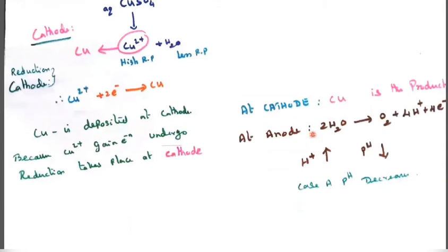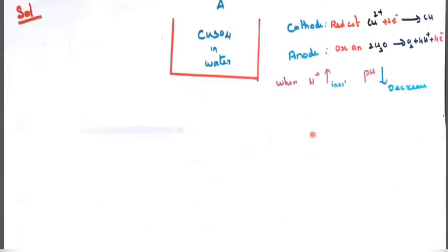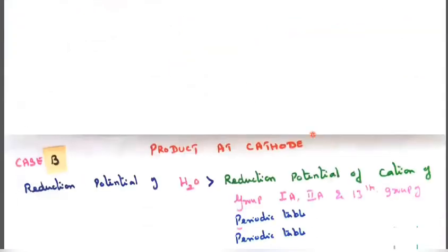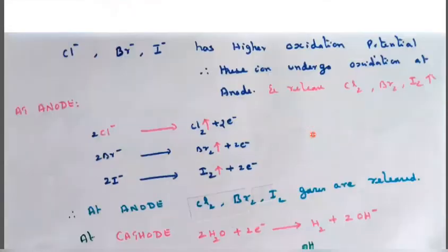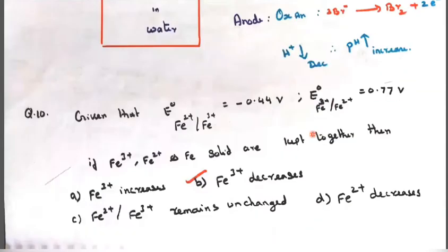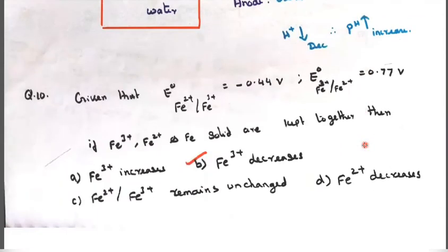If H+ ion concentration increases, pH decreases; if H+ ion concentration decreases, pH increases. So in case A the pH decreases, and in case B the pH increases. This is case B, cathode and anode: the H+ ion concentration decreases, so the pH increases.